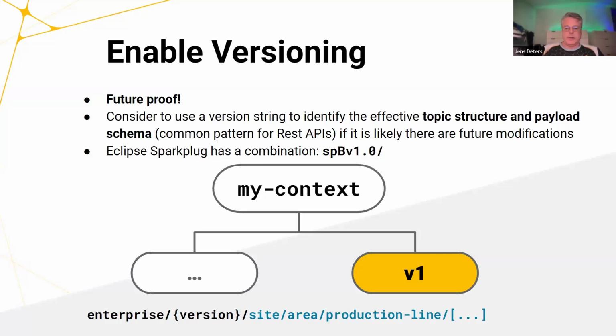You're introducing a version tag in your topic structure. So in this example, you start with your enterprise to set your context, followed by the version, and then there is the rest of the ISA-95 topic structure.